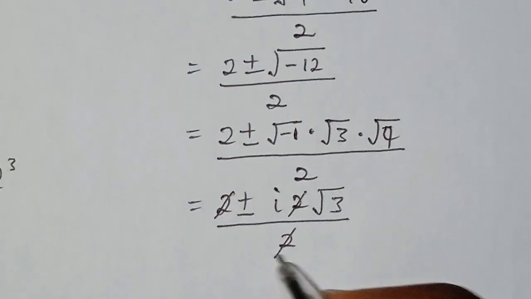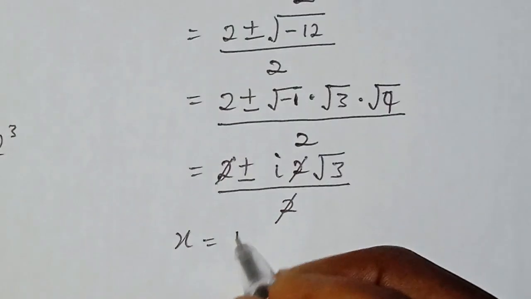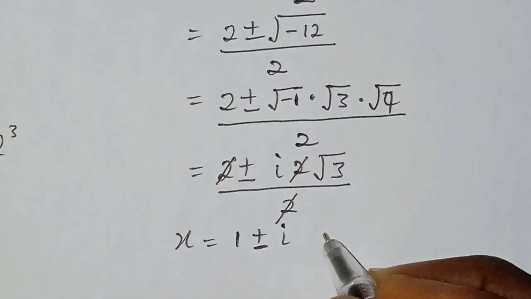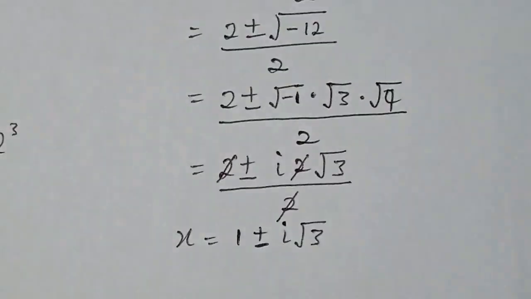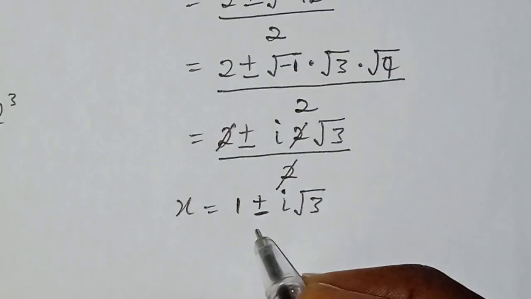So here we now have x equal to 1 plus or minus i square root of 3, which simply means that from here we have two values and they are complex roots.